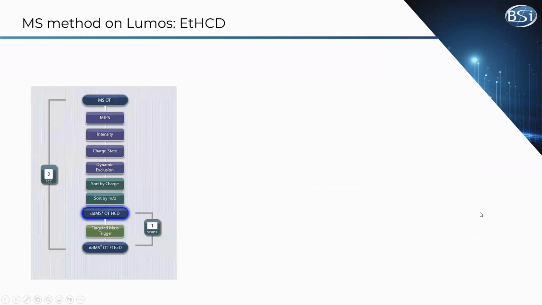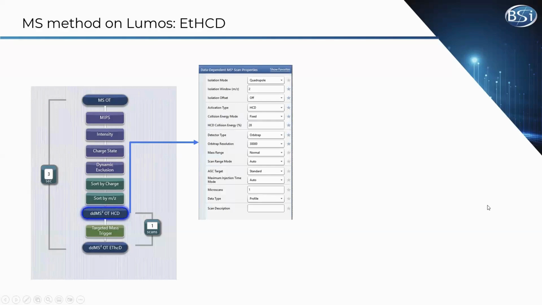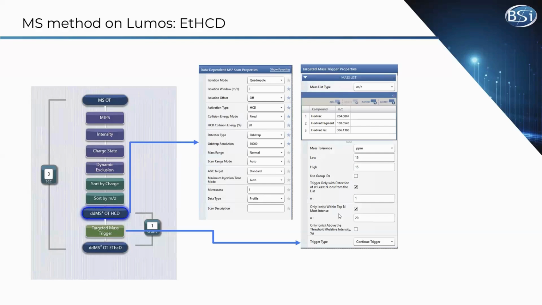So we've done a lot of method optimization with our instruments, and we've settled on two different instrumentation methods, one being ETHCD. As I mentioned earlier, this provides those C and Z ions, helping to localize glycosites. But what's important is we use a targeted mass trigger.